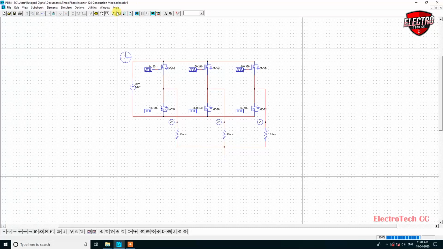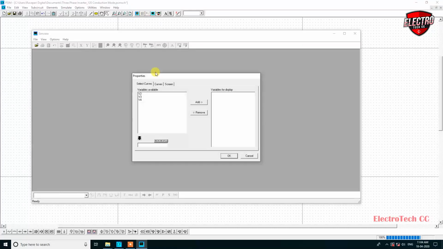And let us check the waveform. So let's run it. V1, first phase voltage.